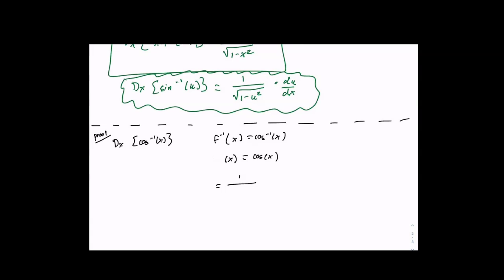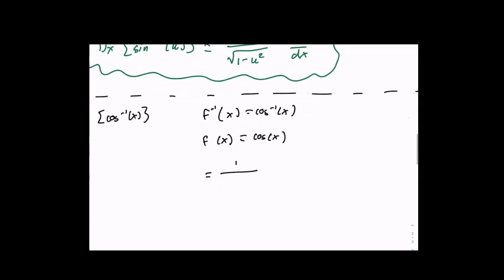If I define inverse cosine as the inverse of f, with f being cosine of x, hold on, let me close my windows. Much better.